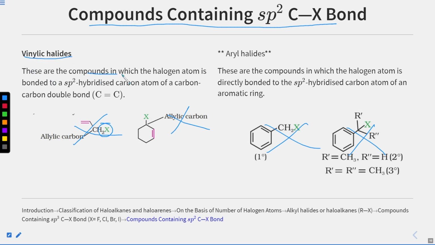These are compounds in which the halogen is attached or bonded to an sp2 hybridized carbon, which is attached to an sp2 hybridized carbon. What is the meaning of this? I mean that this is a halogen which is attached to a carbon which has a double bond.